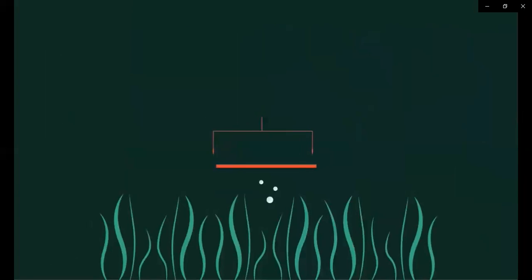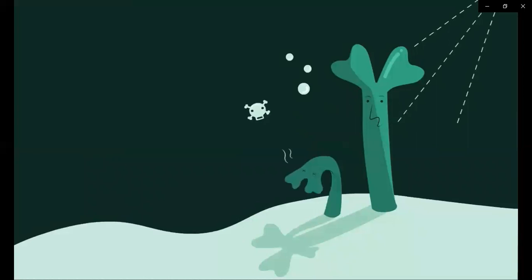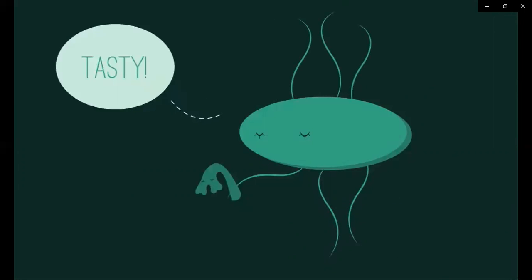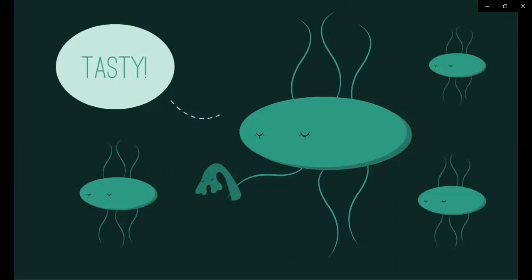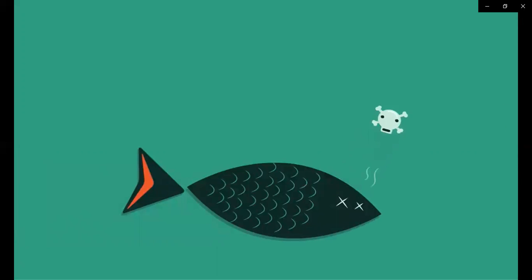An algal bloom could span many kilometers in a large body of water, thus blocking sunlight from reaching other aquatic organisms. The same scenario occurs. Aerobic bacteria feed on all of the dead and decaying algal matter and are then able to thrive and multiply. They consume oxygen and decrease the concentration of dissolved oxygen in water, suffocating aquatic organisms.